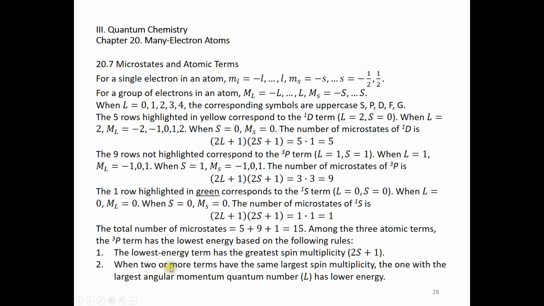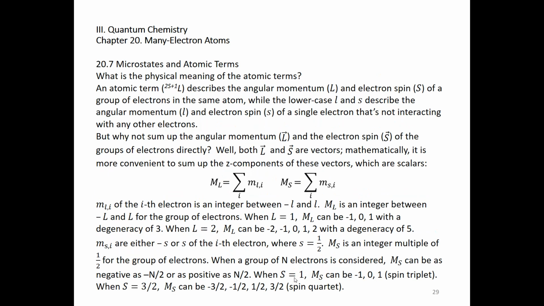But if you have 2 or more terms with the same largest spin multiplicity, the one with the largest angular momentum quantum number L has the lowest energy. Sometimes you see 2 terms both with the largest spin multiplicity, and then the second rule is going to break the tie. You look for the largest L.